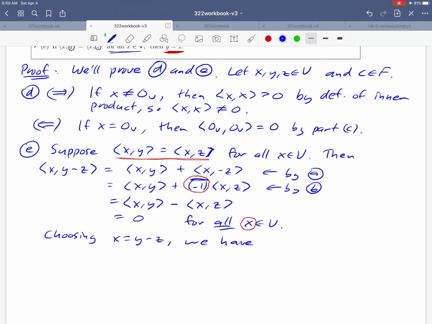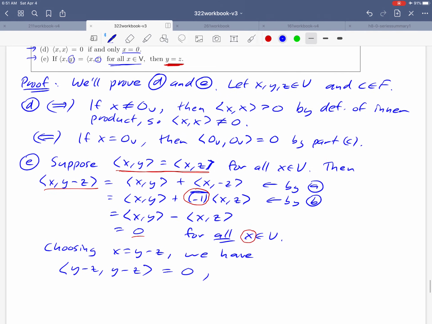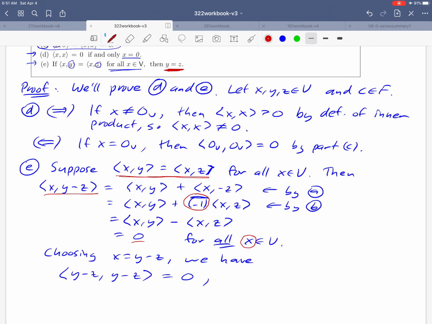If we do that, here's what we have. Okay, so we'll go back, substitute y minus z in for that x, and we're looking at the inner product of y minus z with itself, and coming to the same conclusion that we have to get 0 out of that. So the inner product of y minus z with itself is equal to 0, but take a look back at what we proved in part D. D said that if you take the inner product of a vector with itself and you get 0, then that vector has to be the 0 vector, so we have just proven that y minus z is 0.